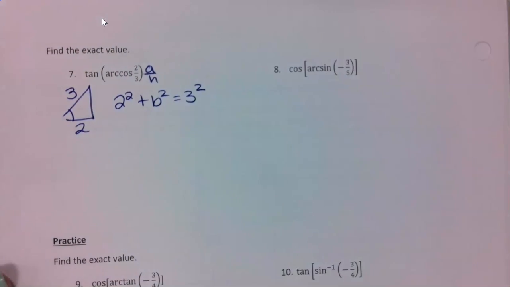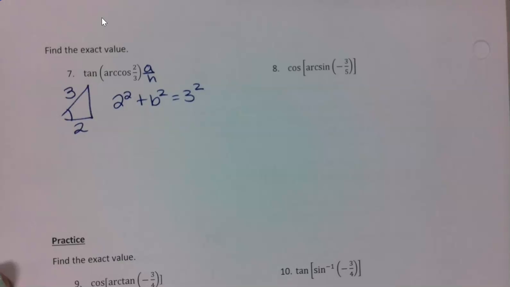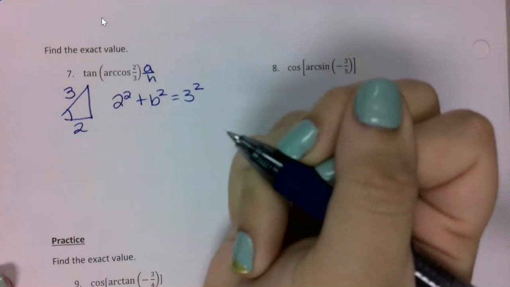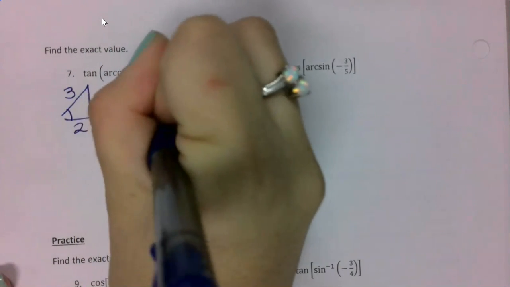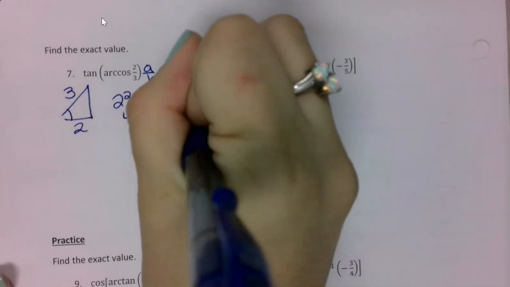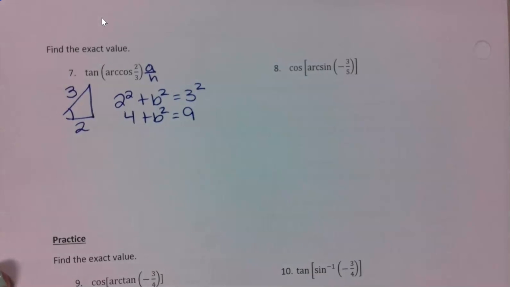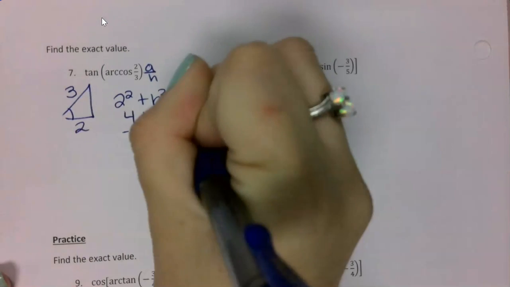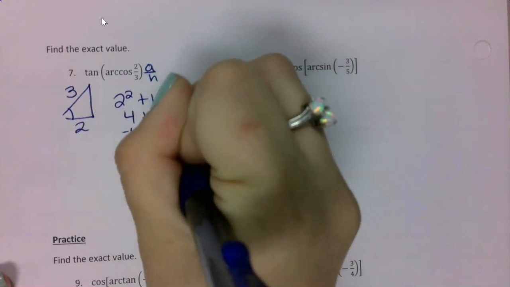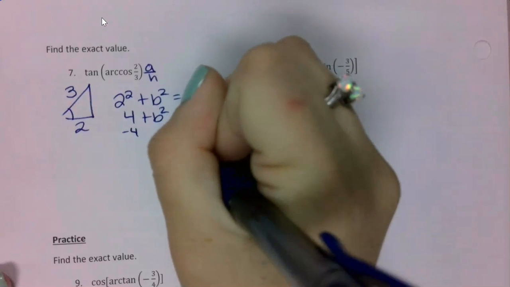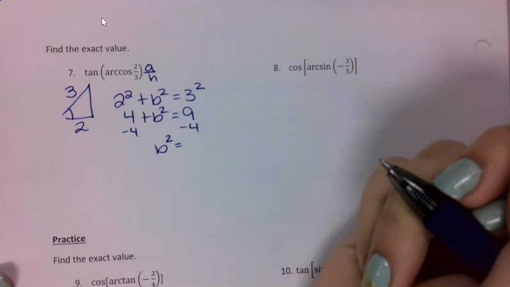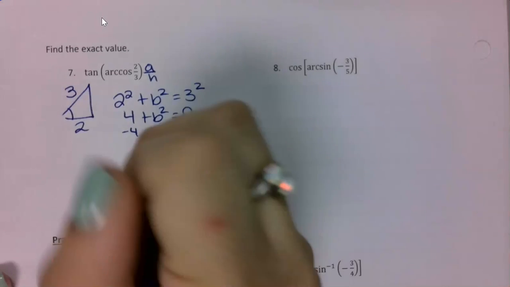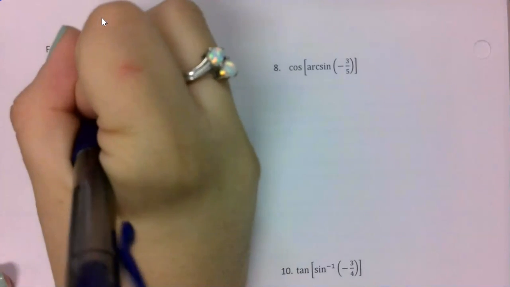Okay. And how come I didn't put that 3 in for B? Hypotenuse is always C. Okay. So then I'm going to solve. 2 squared is 4, and 3 squared is 9. Then how do I get B alone? 9 minus 4 is 5, so then I square root it, and that is my side length here.